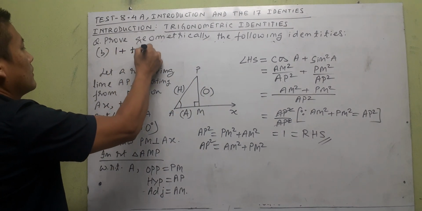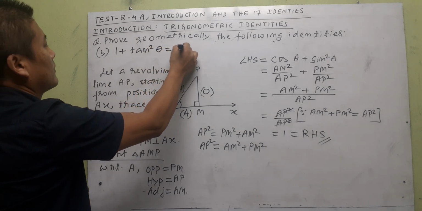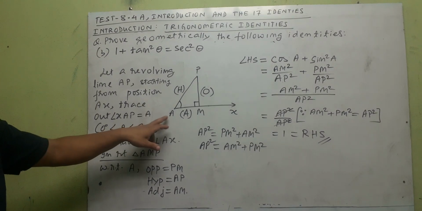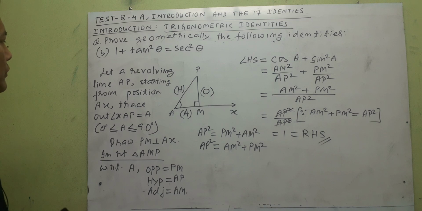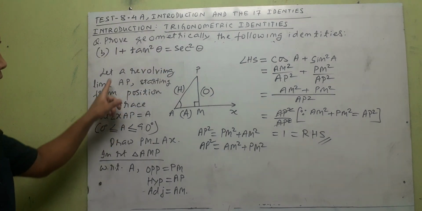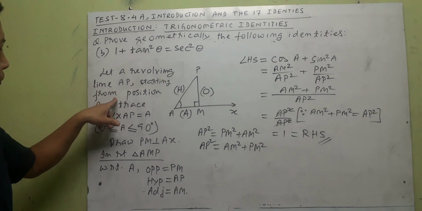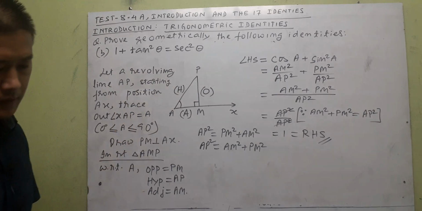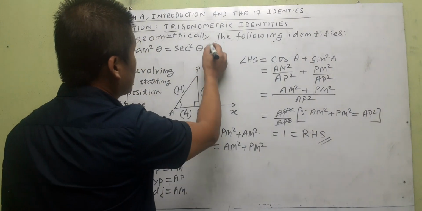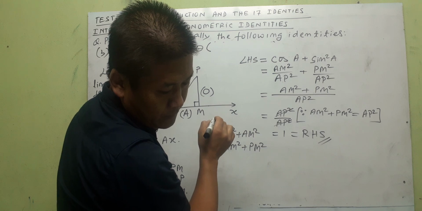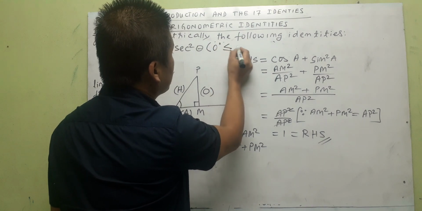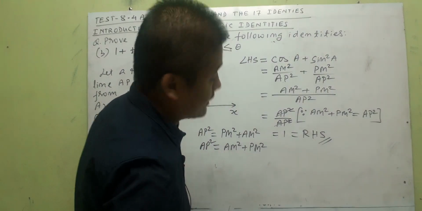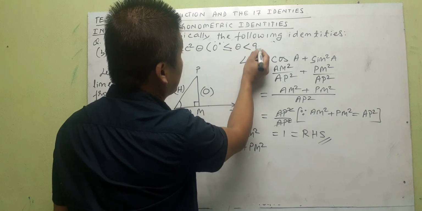1 plus tan square theta is equal to sec square theta, okay? So we're going to prove this. This time it's not A, theta is the angle. So we can use the same figure if you want. Let a revolving line AP, starting from position AX, trace out the same angle XAP, okay? But in the question, the condition is given, and we shouldn't forget that, 0 degree less than or equal to theta, should be less than, clearly not less than or equal to, but less than.